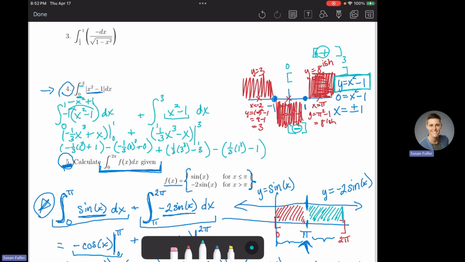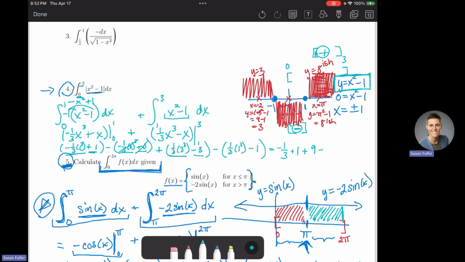And now we have to evaluate all of this. So I'm going to be really careful here. Negative 1/3 times 1 is negative 1/3 plus 1. And then minus, this is 0. That goes away. This is 0. That goes away. That whole thing is 0, so it's gone. And then I'm going to have plus 1/3 times 3 to the third. 3 to the third is 27. 27 divided by 3 is 9.